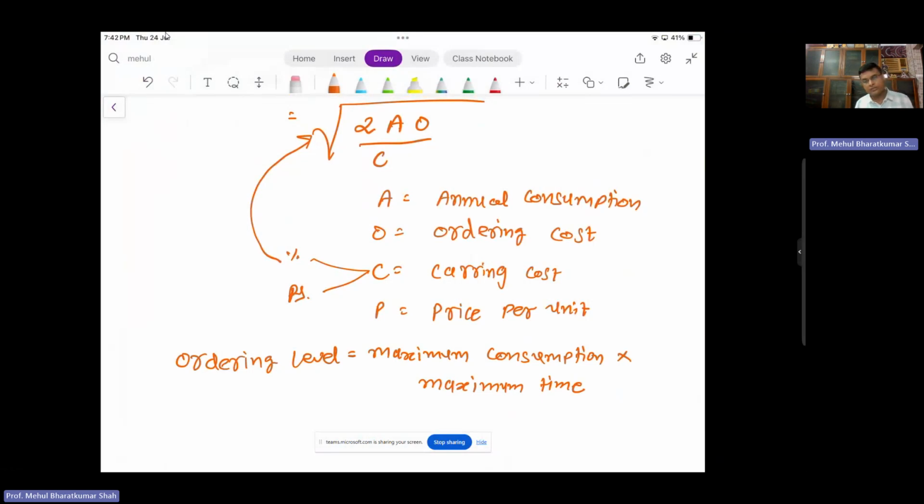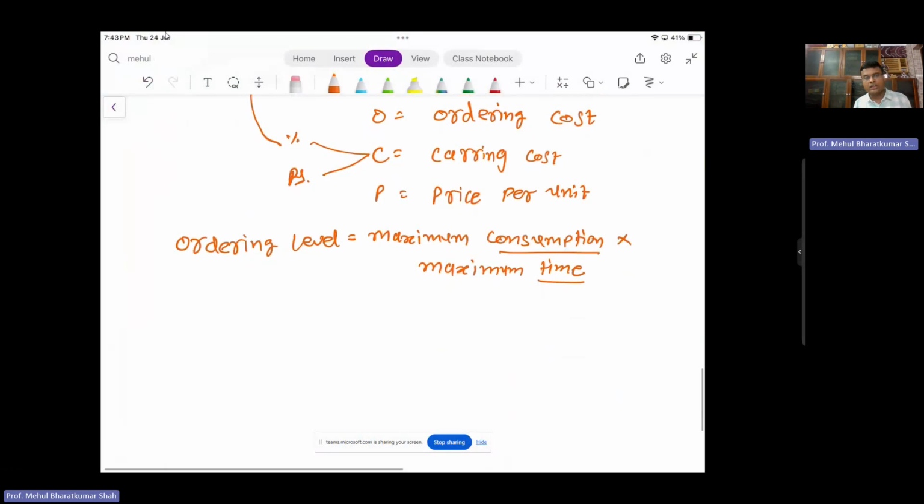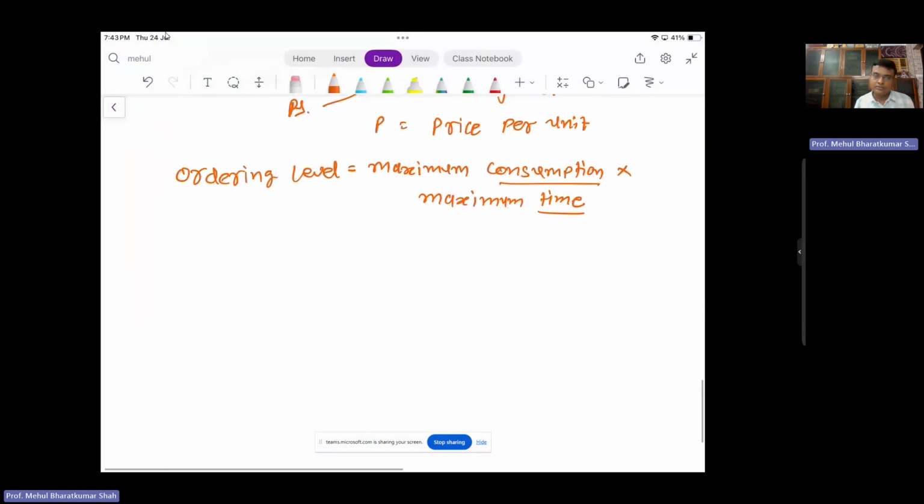Two words will remain constant in this chapter: first is consumption and second is time. You have three types of consumption and three types of time: maximum time, minimum time, and average time, as well as maximum consumption, average consumption, and minimum consumption. So ordering level is equal to maximum consumption into maximum time.